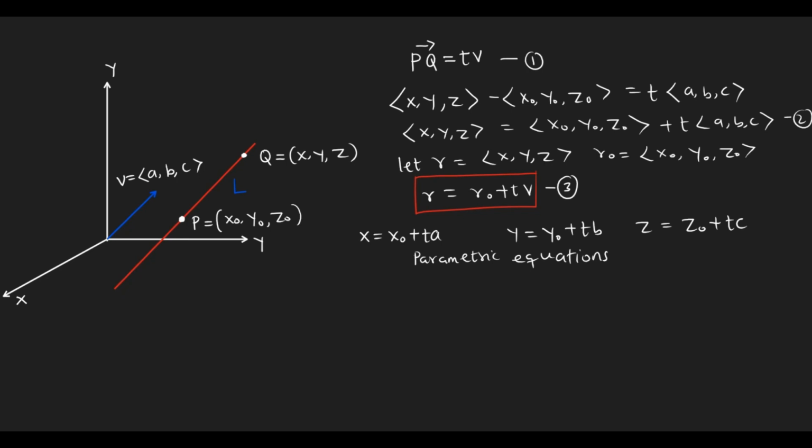Now from these parametric equations, I'm going to solve for the scalar t in each one of them. For the first equation, x minus x naught divided by a is equal to t. Then y minus y naught divided by b is equal to t, and z minus z naught divided by c is equal to t. Since they are all equal to the scalar t, we have x minus x naught divided by a equals y minus y naught divided by b equals z minus z naught divided by c.